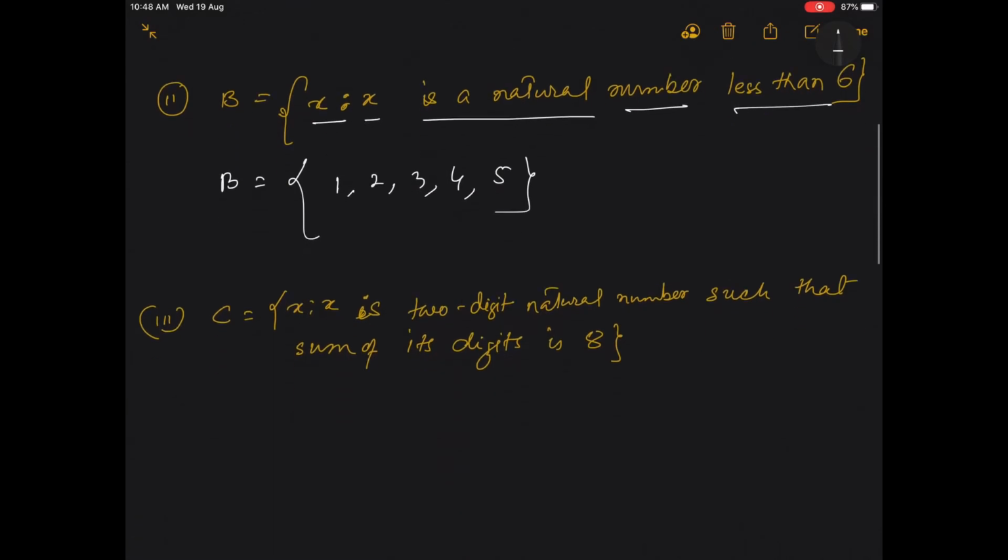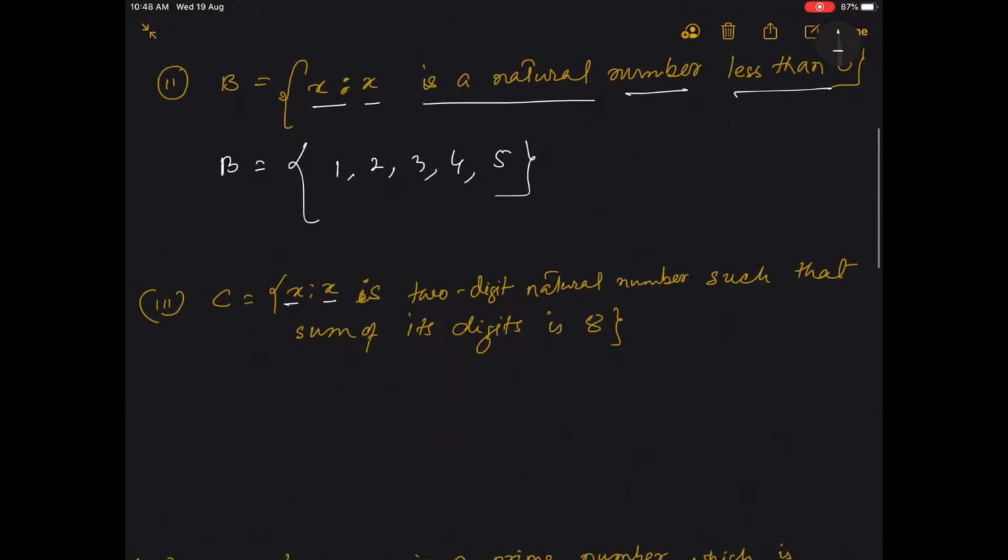Next, x such that x is a 2-digit natural number such that the sum of its digits is 8. Now we can take 2-digit numbers. Here you see the sum must be equal to 8, so we can take 1 and 7, that is 17. 1 plus 7 is 8.